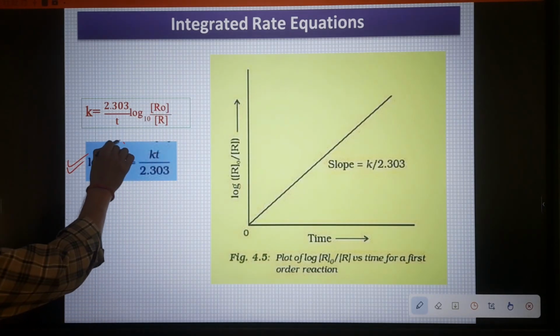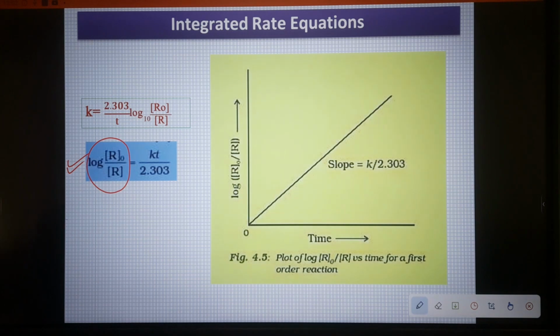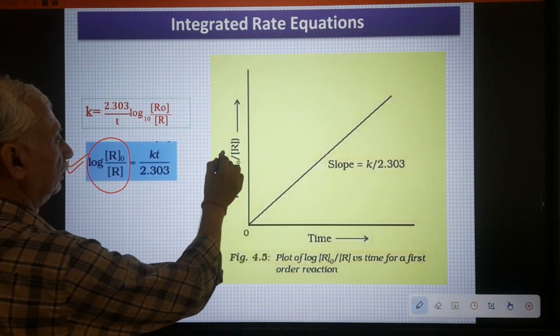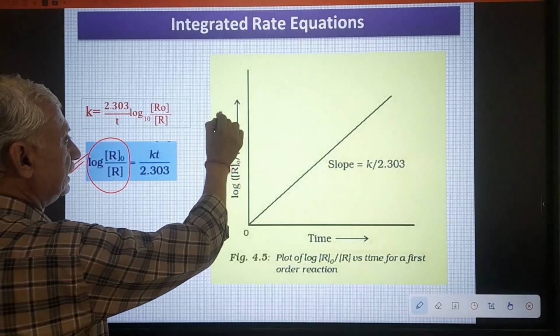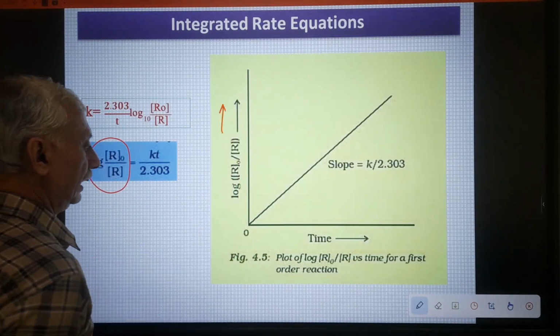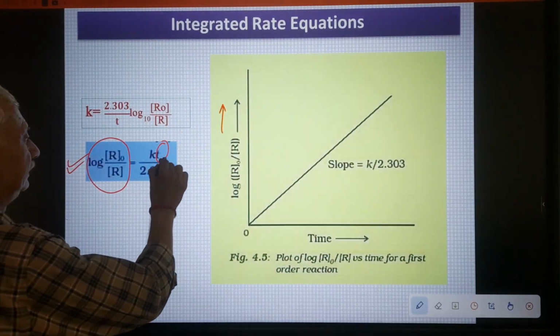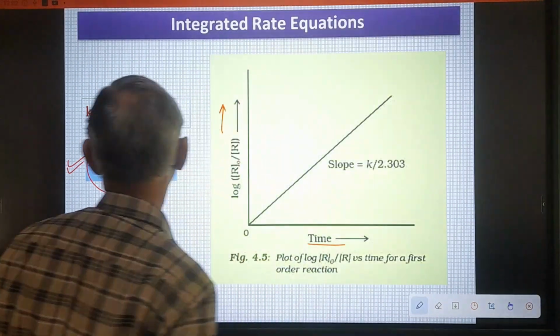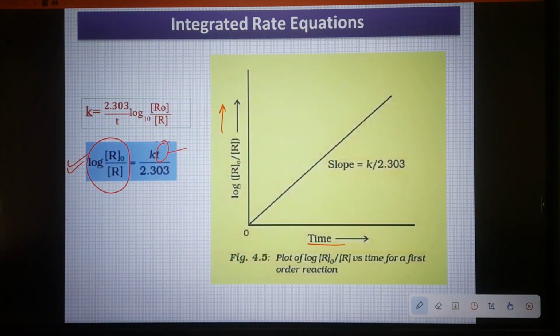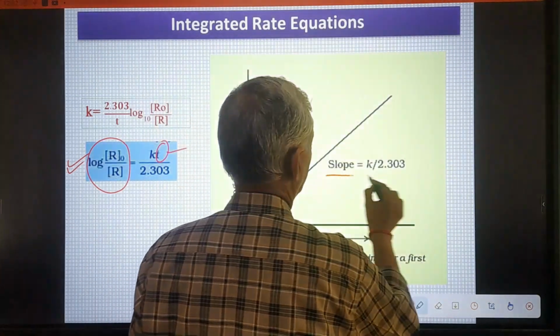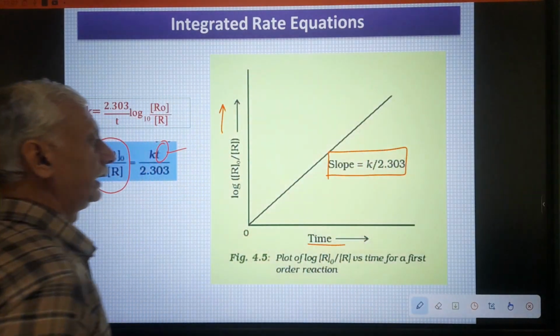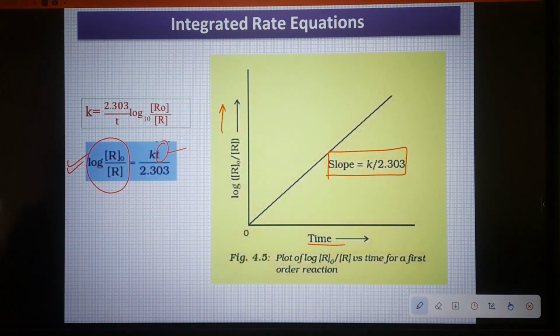When we plot log to the base 10 of the initial concentration of reactant upon concentration of reactant on this axis and time on this axis, then the slope is equal to k by 2.303.